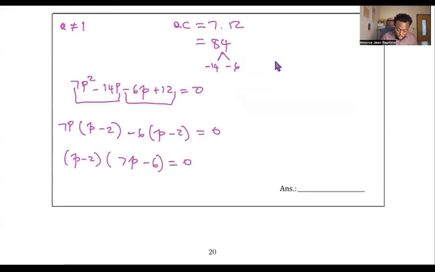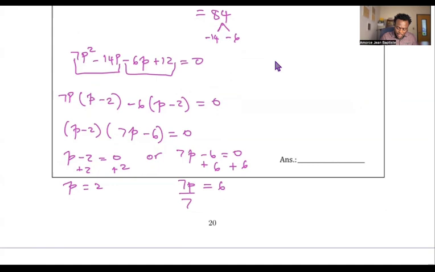And then use the zero product property, so that's p minus 2 times 7p minus 6 equals 0. Add 2 on both sides, p equals 2, or 7p minus 6 equals 0, which gives, if we add 6 on both sides, 7p equals 6, and I divide by 7 to get p equals 6/7. So solution set is 2 and 6/7.